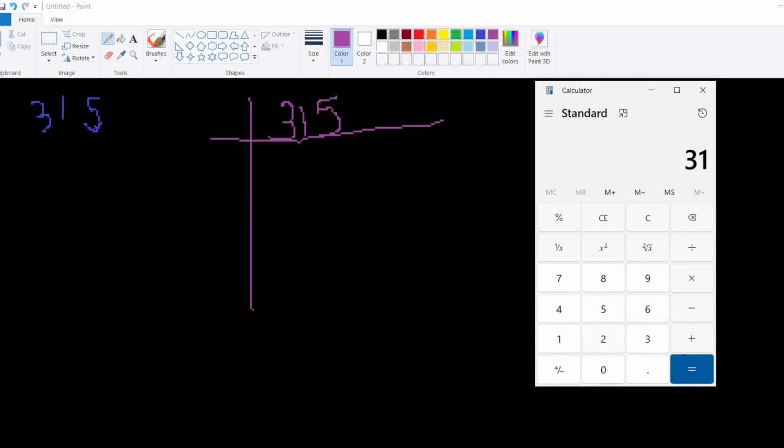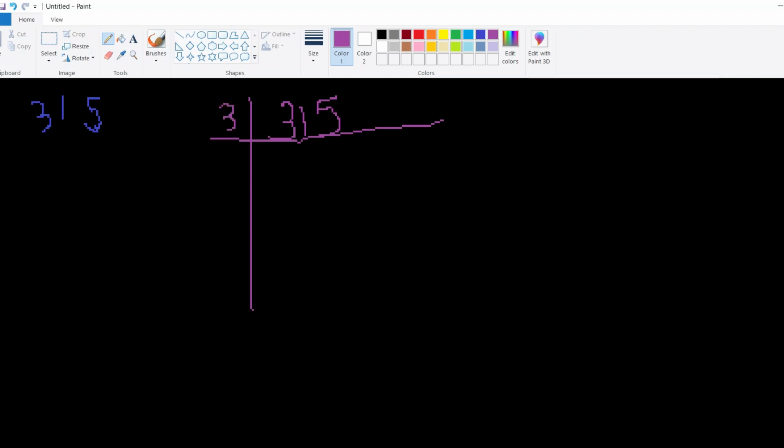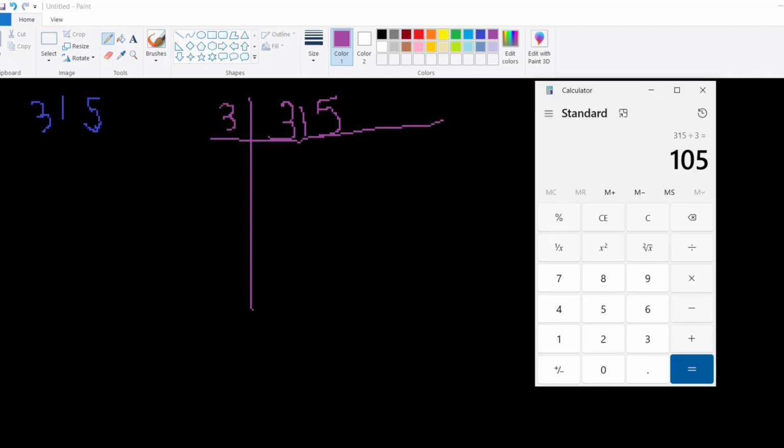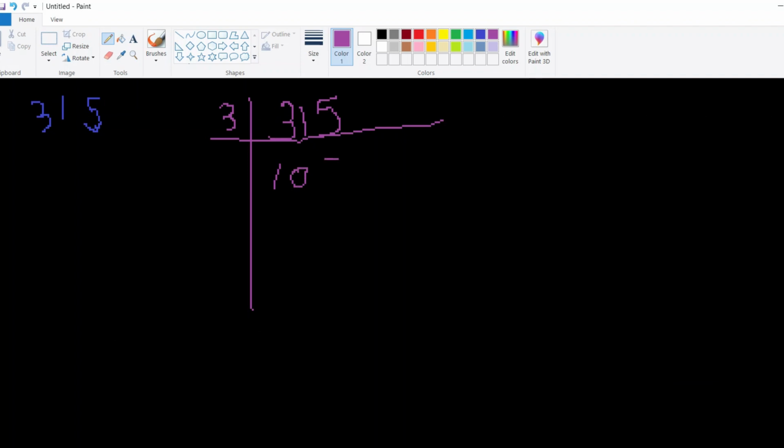You go up to the number where you find that it's divisible by 3. And what answer does it give? 105. You mostly have to go up to about 15, sometimes in rare cases, to find out which number it is divisible by.